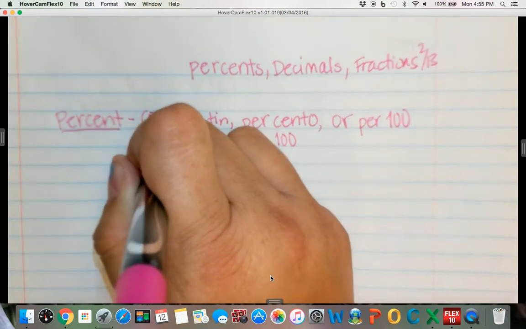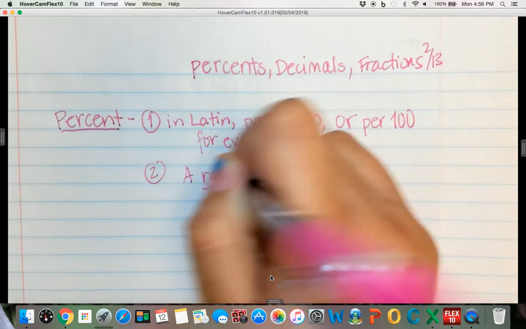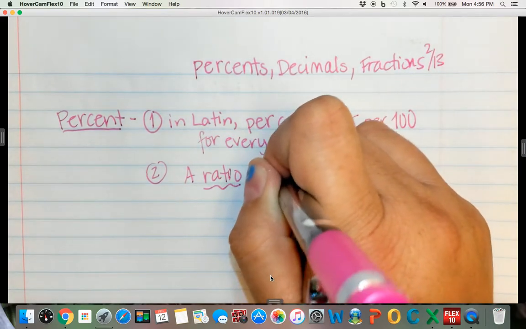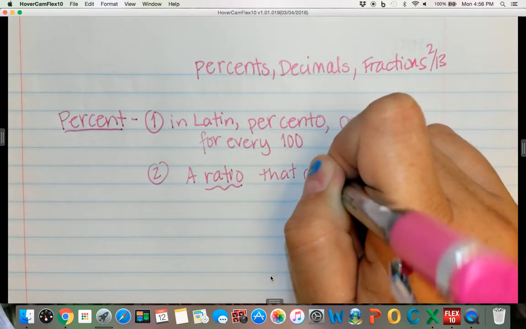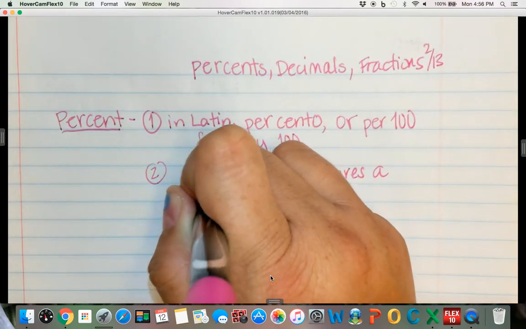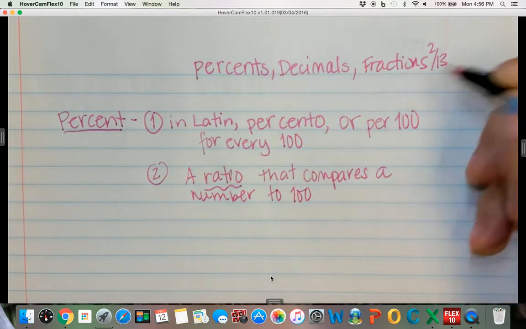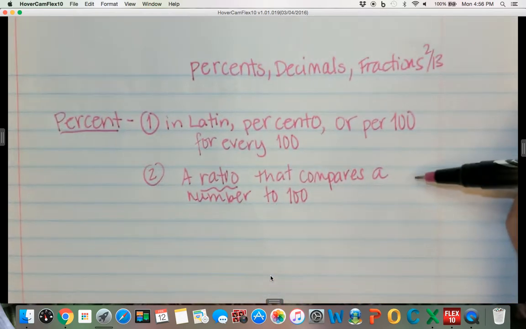Second definition is a ratio, which you know, that compares a number to 100. Essentially, they're the same meaning.